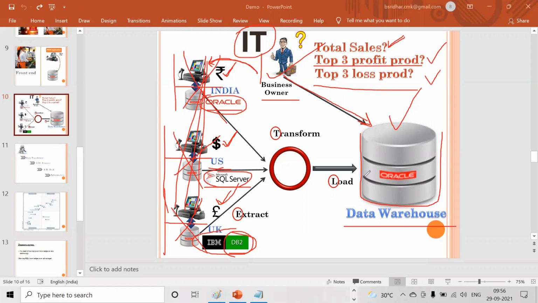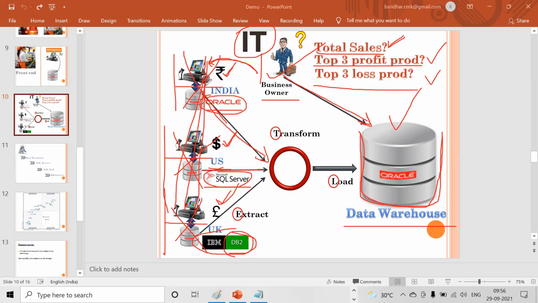Then the business owner said, awesome, awesome. Whatever I need is already available, and I just need to go and look at it and understand, right? But building this data warehouse is not so simple. To build this data warehouse, first we need to take the data from all these OLTP systems, because when the business owner wants to understand total sales, who made the sales?